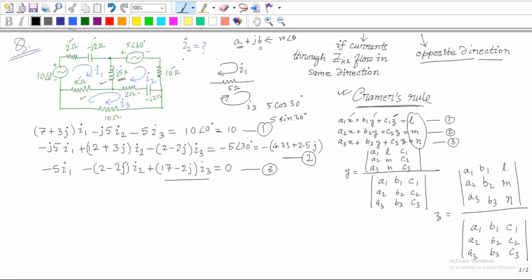Now according to the question, what do we require? I have written Cramer's rule on your right hand side.